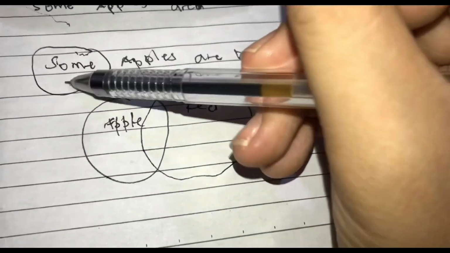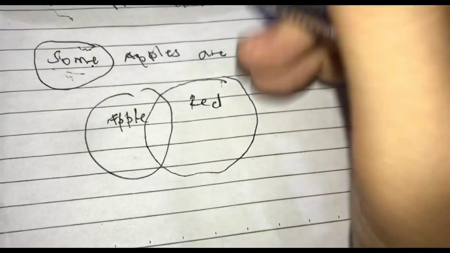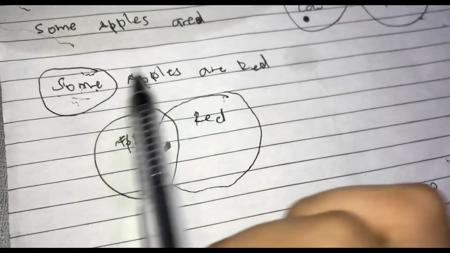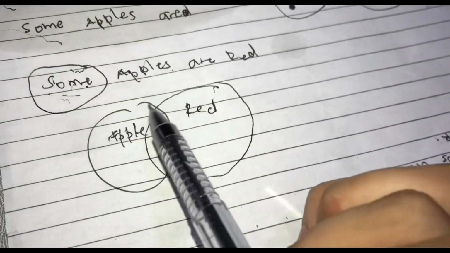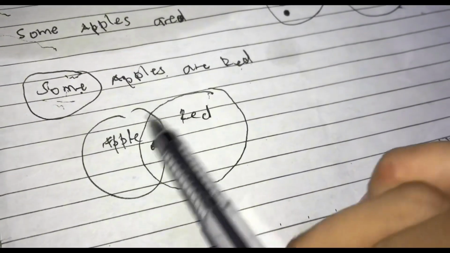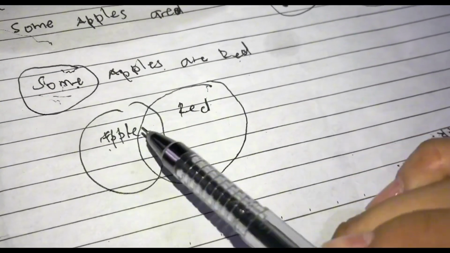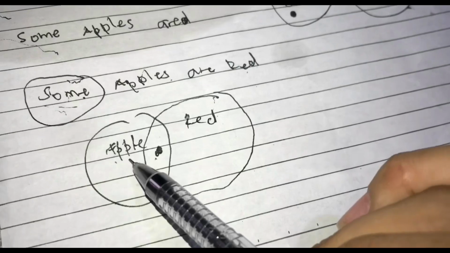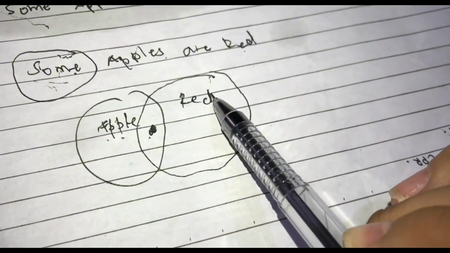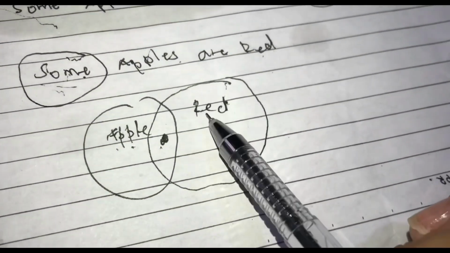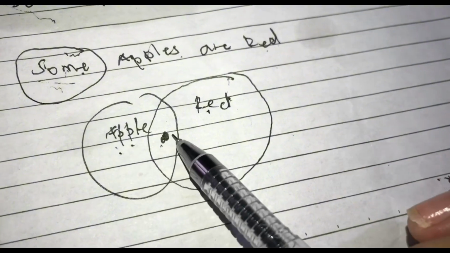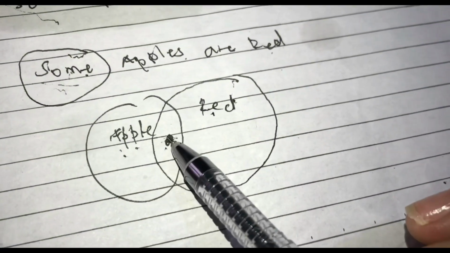So from the word some, we're going to put the dot here. Because it is said that some apples are red. So not all apples are red, but some red are apples. So we're going to put that here.